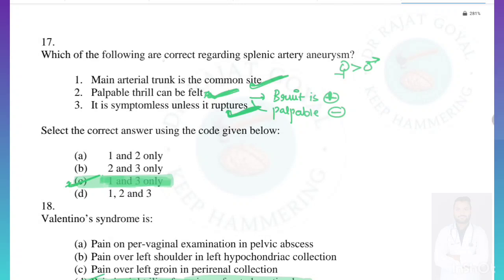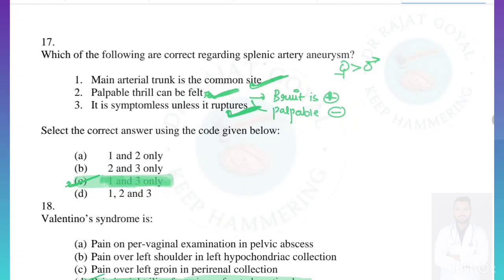Which of the following are correct regarding the splenic artery aneurysm? So splenic artery aneurysm, main arterial trunk is the common site. This is true. Palpable thrill can be felt.